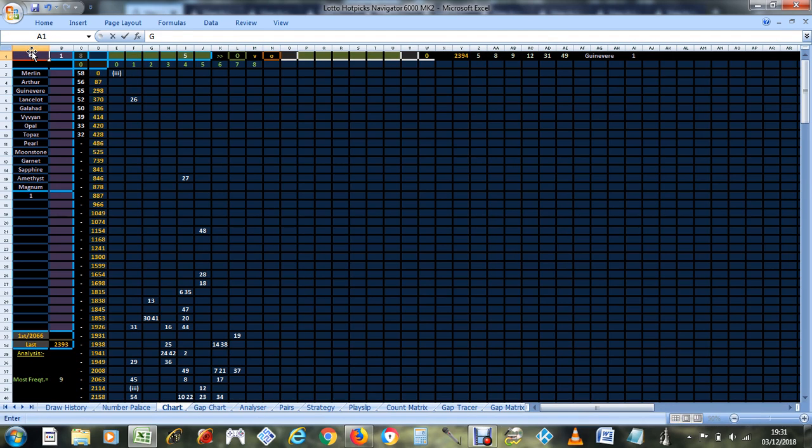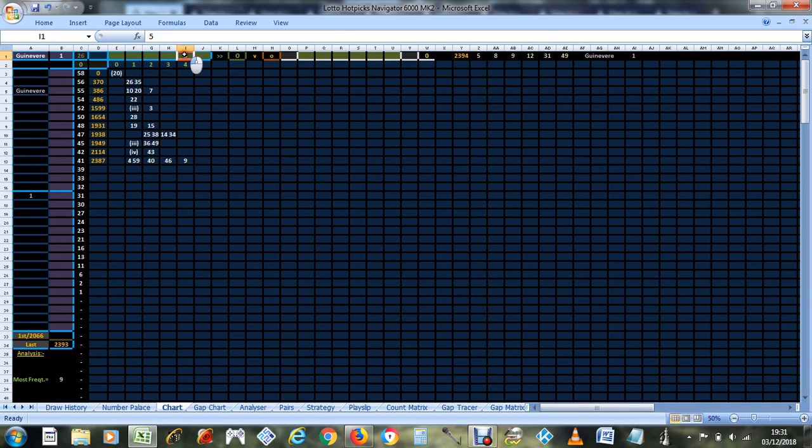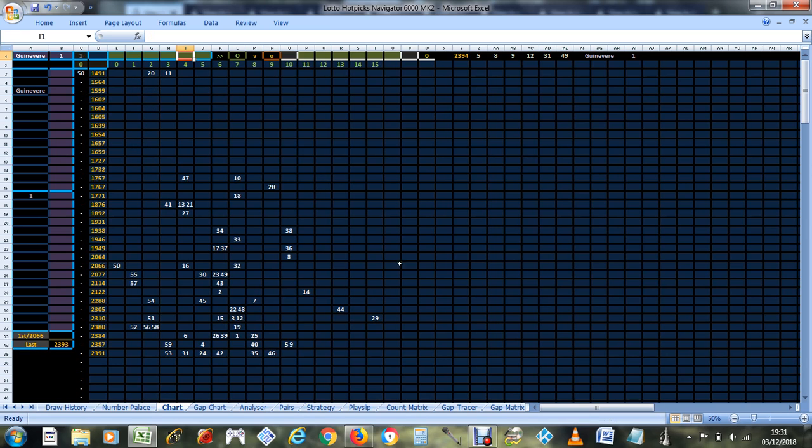So if we look at Guinevere and set balls 1, let's see what the chart looks like for all the numbers individually on this chart. So none of the winning numbers stand out on that. See 5, 9 and 8 all in the same column on there.